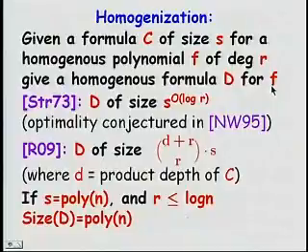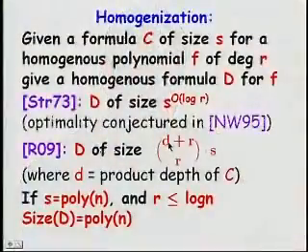This question goes back to Strassen in '73, and Strassen gave a very simple, kind of obvious procedure to construct D from C. But the problem is that D is of size S to the O(log r), where r is the degree. It's a very efficient procedure when you look at circuits, but if you look at formula size, if r is more than a constant, it blows up the formula size super-polynomially.